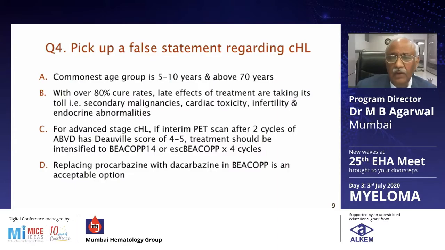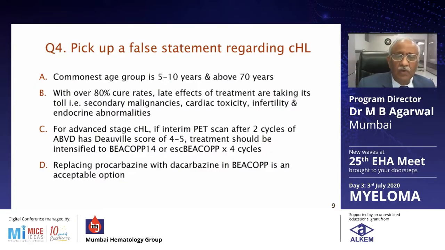It's a bimodal, 5 to 10 years and after 70 years. Second, with over 80% cure rates, late effects of the treatment are taking their toll. And these include second malignancies, cardiac toxicity, infertility, and endocrine abnormalities.